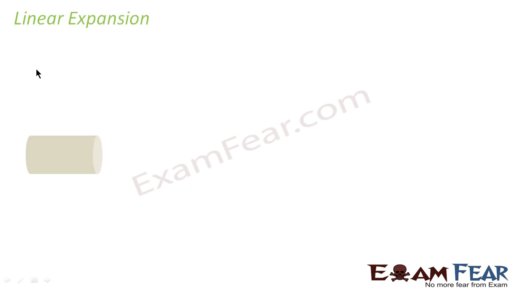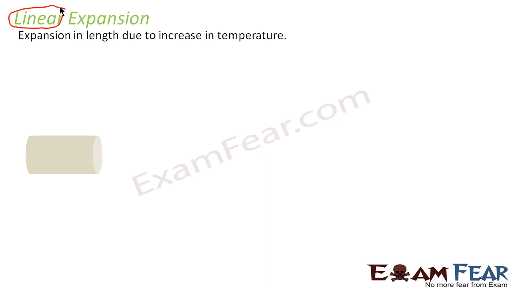So let us start with linear expansion. As the name suggests, linear. Whenever this term linear comes into picture, it has something to do with a line, right? Linear is something in a straight line. So linear means expansion in length due to increase in temperature.